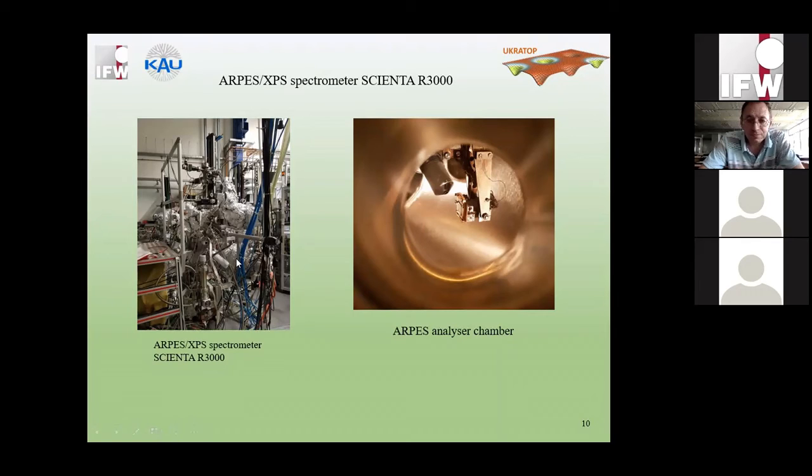So I put the sample into this manipulator, close the valve, and disconnect from the MBE chamber, and then connect to the ARPES chamber and pumping. I mean, how do you get a clean surface? Then I open the valve and put the sample into the chamber. In this case, the vacuum is near 10 to the power of -7.